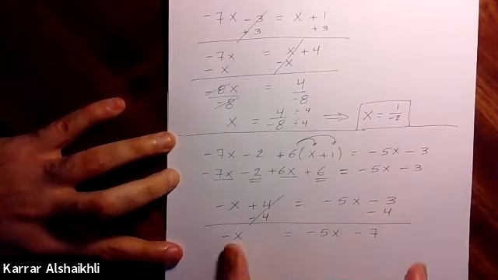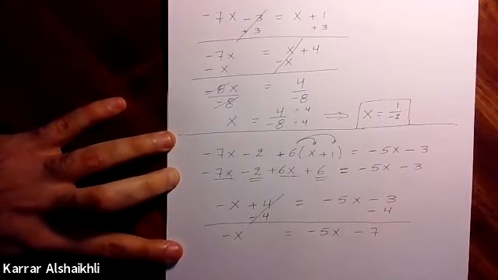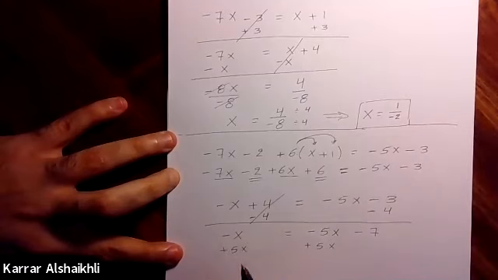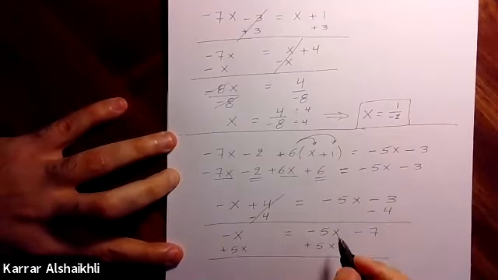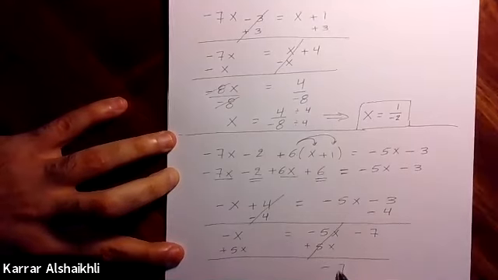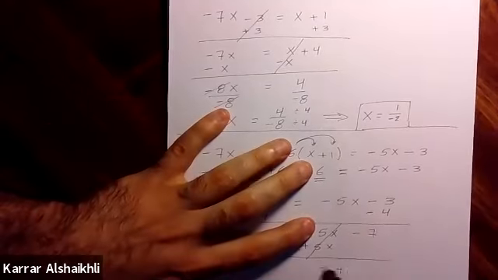I'm going to move the variable to the left side. How? By adding 5x to both sides. This is cancelled. The leftover from the right side is negative 7. Let's write down here, sorry, not to get confused.